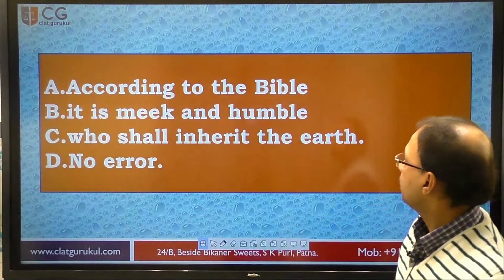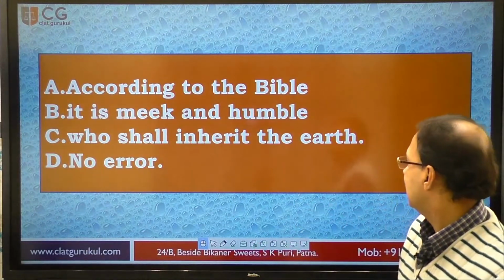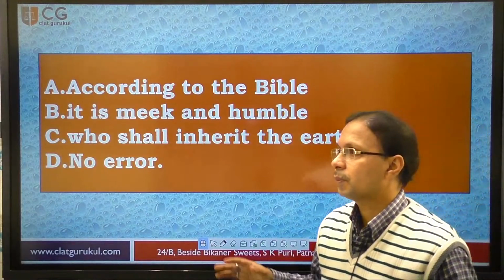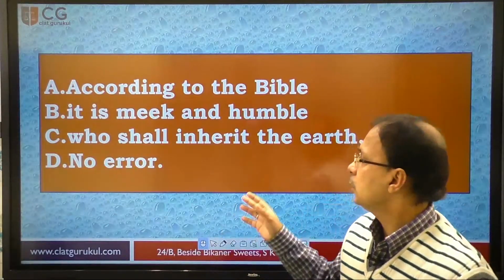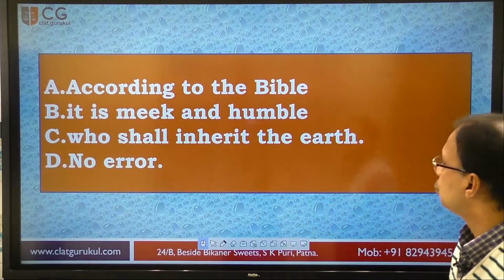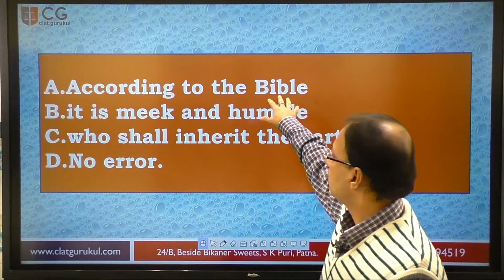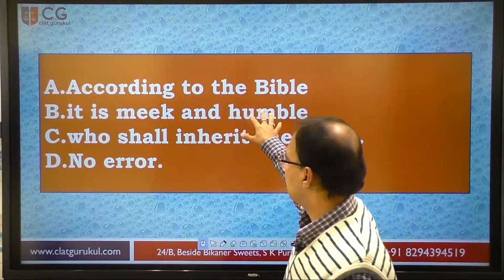Next question. According to the Bible, it is meek and humble who shall inherit the earth. Now here, in this particular question, if we are talking about the Bible, it is meek and humble.